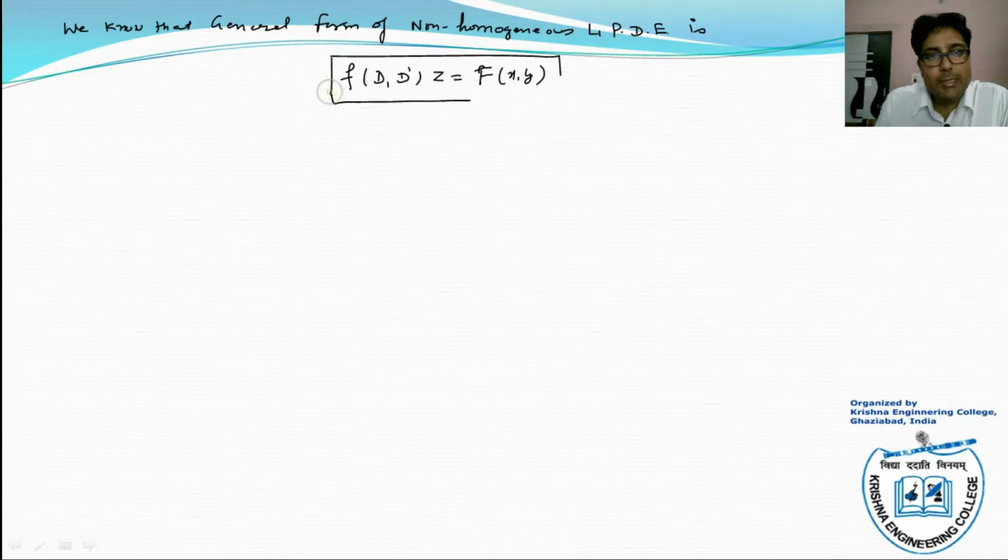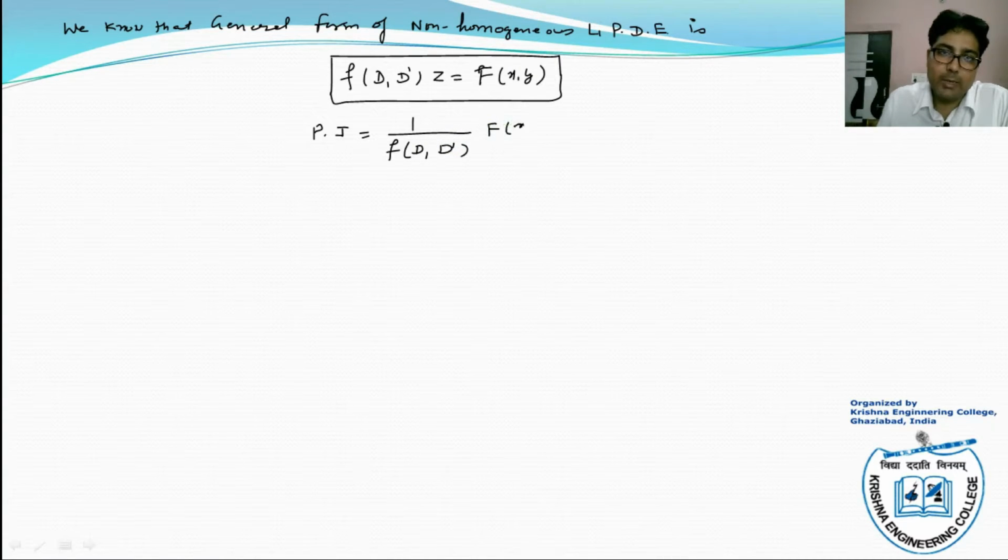So PI, which means particular integral, in this case is 1 upon f(D, D') into F(x, y). The first and second cases we already learned in the previous lectures. Clear?